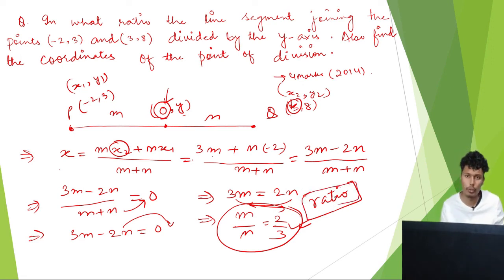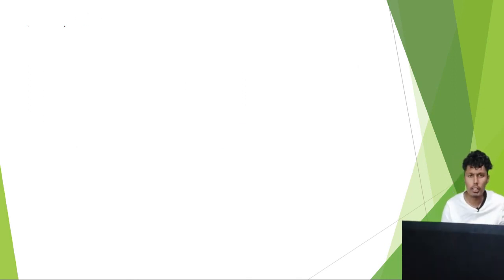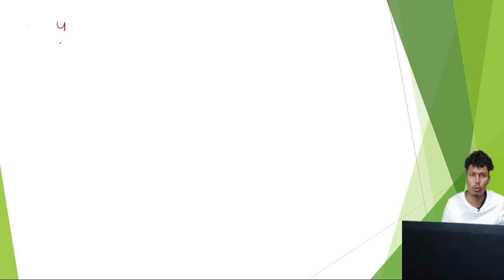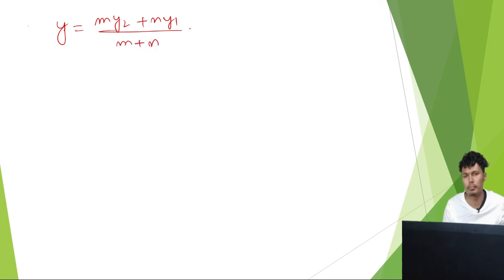Now we need to find the coordinates of the point of division. The x-coordinate we know is 0. We need to find the value of y. So how can we find the value of y? Let us see. We know from the section formula that y is equal to (m y2 plus n y1) divided by m plus n.